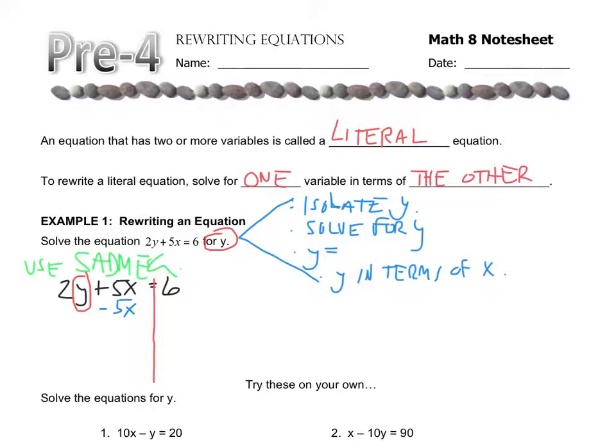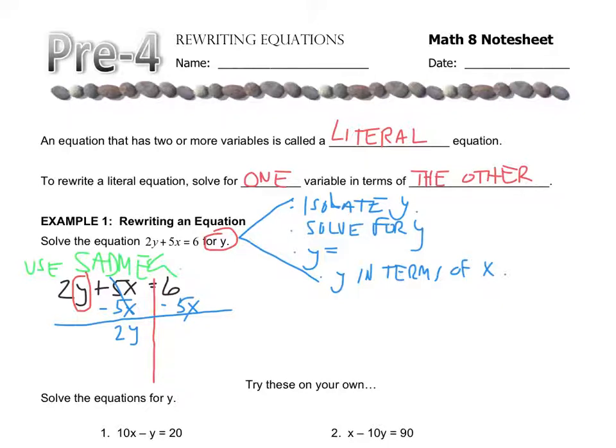If we do it to one side, we need to do it to the other side. Then we can draw our line. That eliminates the 5x, leaving me with the 2y. Now notice on the other side, can I take 6 and subtract 5x's? They are not like terms, so I can't push them together. They're going to stay separate.